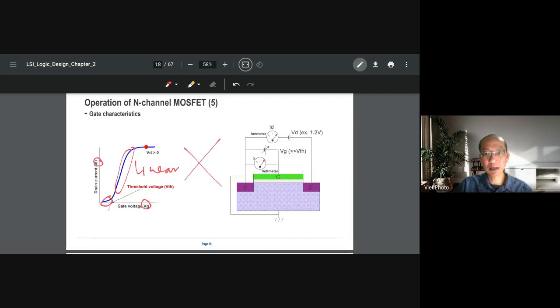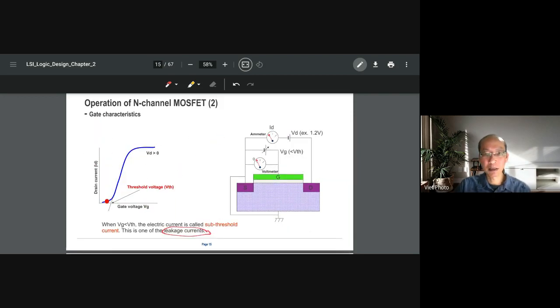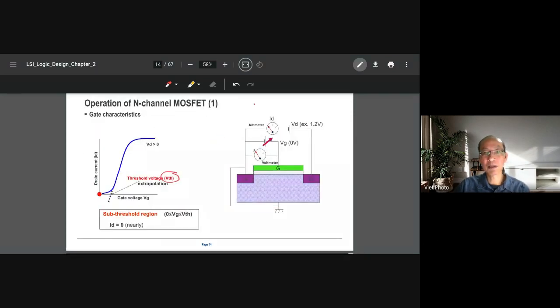When you have no voltage applied to the gate, it means no electric field from here to the substrate.